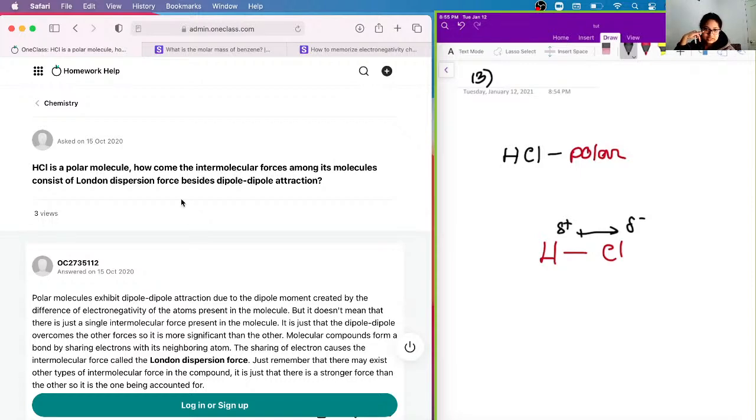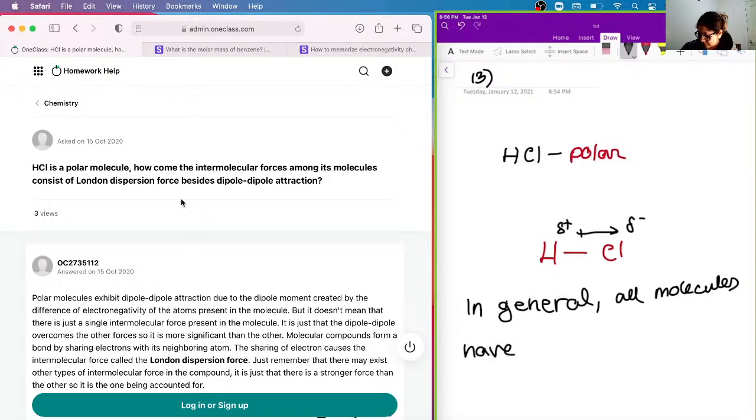And as you guys know, molecular compounds form a bond by sharing electrons with their neighboring atoms, so it's a covalent bond. And the sharing of the electrons causes the intermolecular force called the London dispersion force. So in general, all molecules have London dispersion forces.